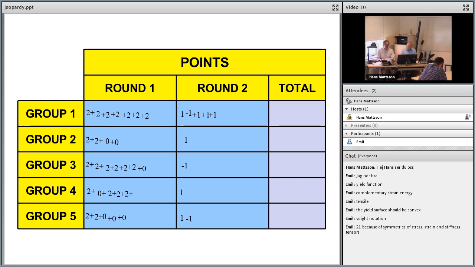Formulate with words the first law of thermodynamics. Correctly. Group 1, continue.